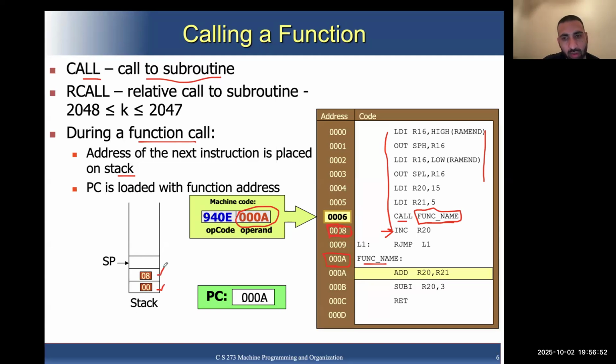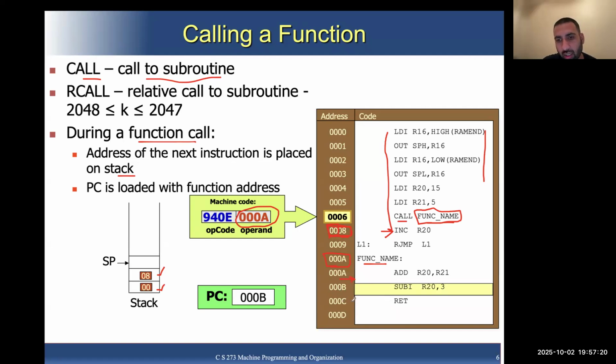And when you are popping, the lower byte will be popped off first, and then the higher byte will be popped off from the stack. Okay, so if now the PC is set equal to 00A, it means our next instruction to be executed will be from this address, right? Which is basically where we say add two numbers, and then our program counter increments in a sequential fashion, so it becomes 00B.